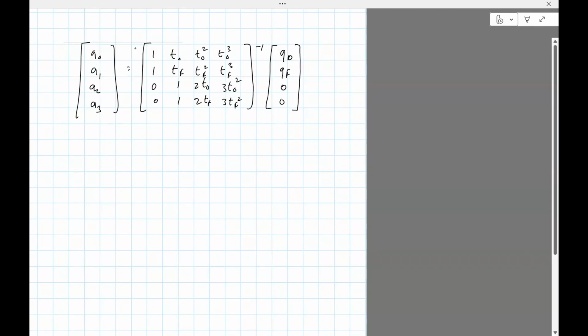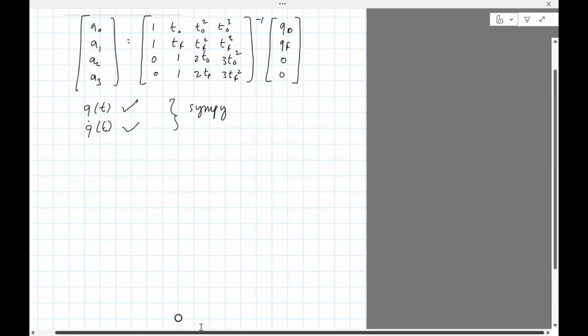I'll show you code which does this. There's no point in trying to do this by hand. So this gives me q(t), and then I can of course compute q dot(t). I'll show you the SymPy code in just a bit.